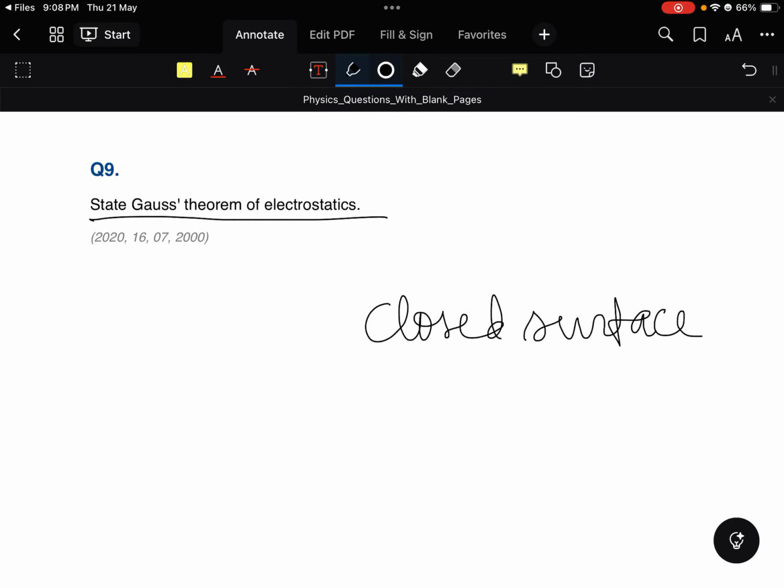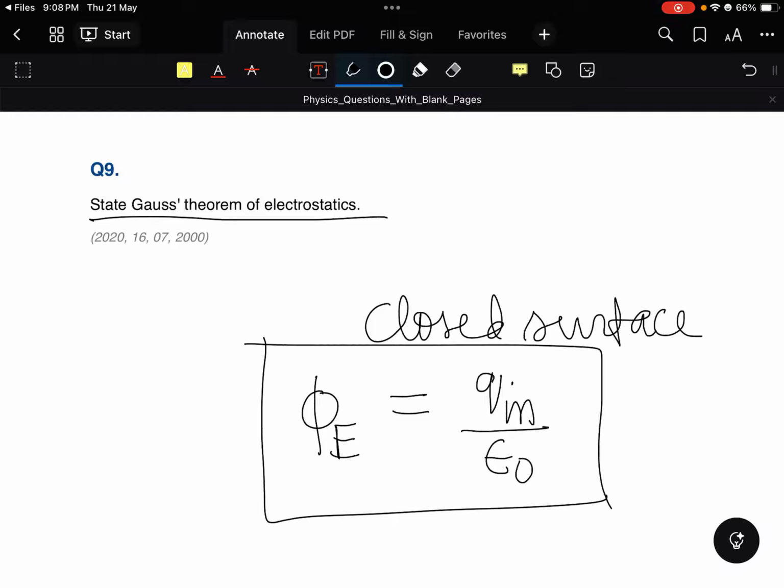You have to write this statement in verbal form as well as in the mathematical form. It is clear. If you just write this, you will get only half marks. So this is the mathematical form.